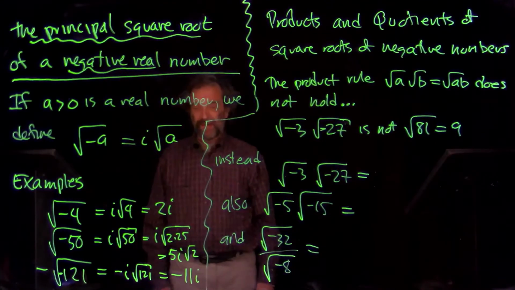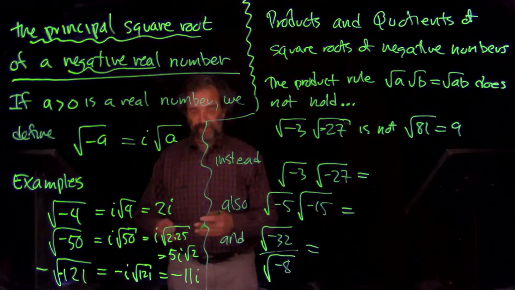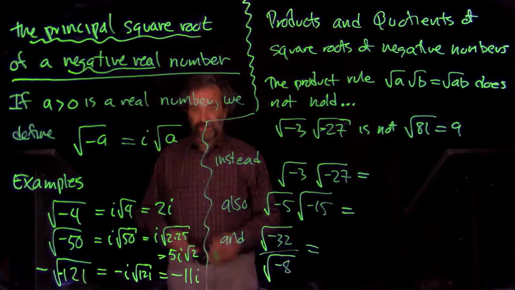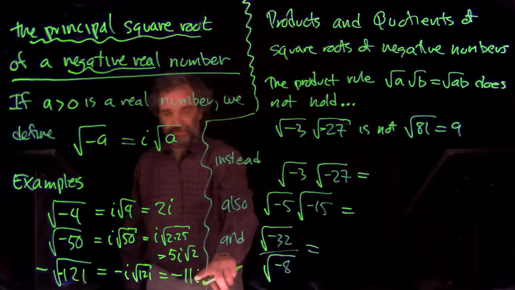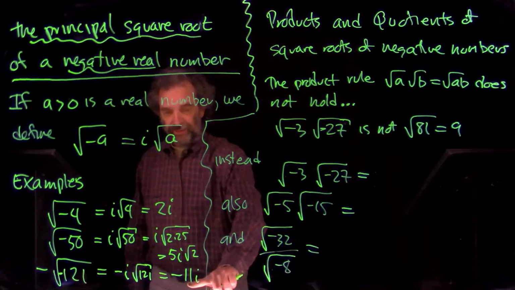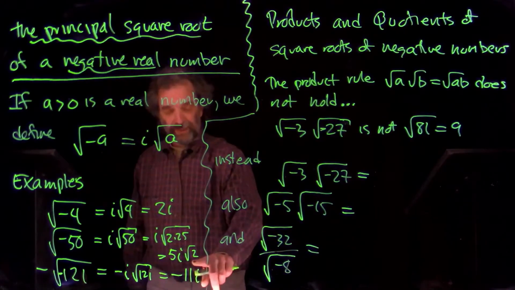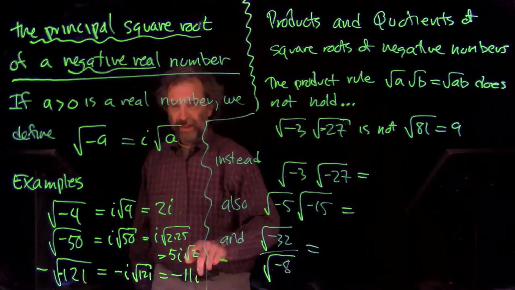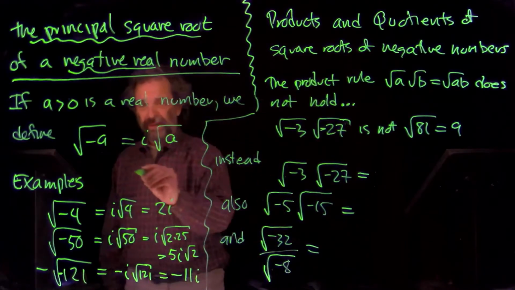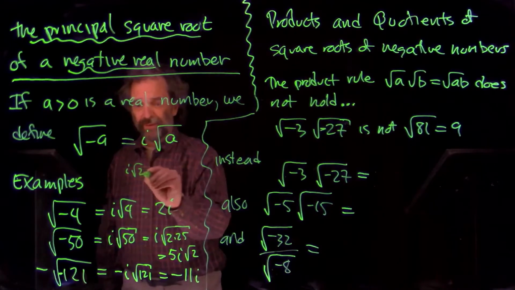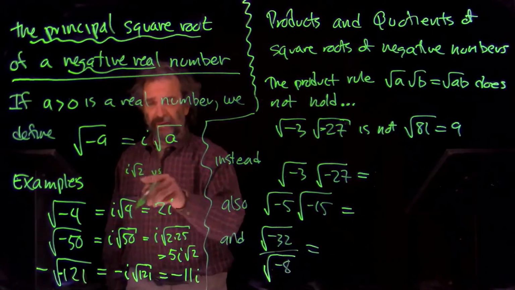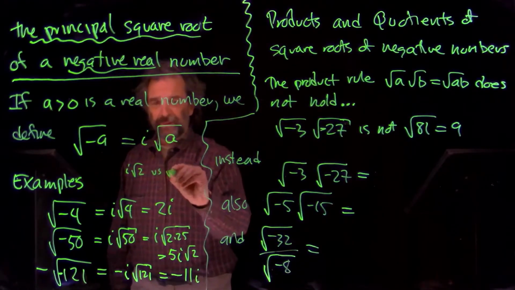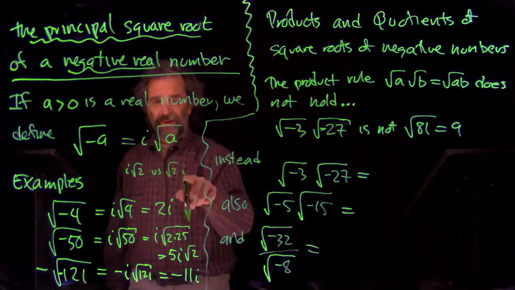You could write minus i11, but ordinarily we'll put the number in front of i if it's a regular old real number. But oftentimes if it's a real number that's a radical expression, we'll put the i in front of the radical. The thinking is that i times root 2 is hard to confuse, but square root of 2i, it's hard to know where that i is.